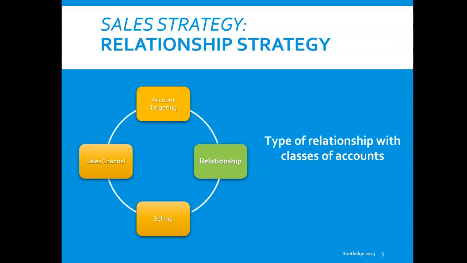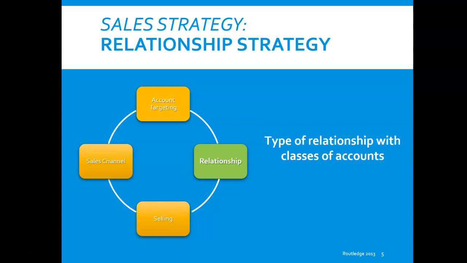So again, based on your classification, what type of relationship are you going to have with the account? Is it going to be partnering, which it might be with a key account? Is it going to be more relational, which would be your traditional professional selling? Or is it going to be more transactional in nature?